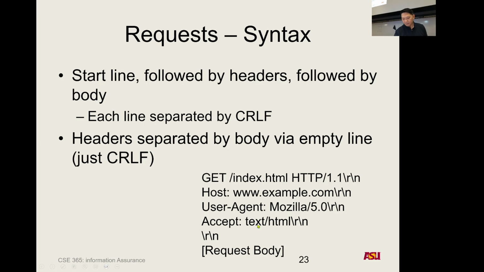This is the example, right? So what is the method here? The GET. GET actually means take some information from the server. What is the resource? The second is the resource, right? I need this web page, /index.html.